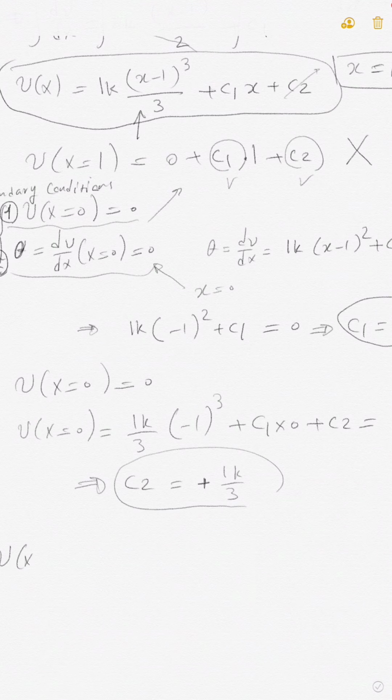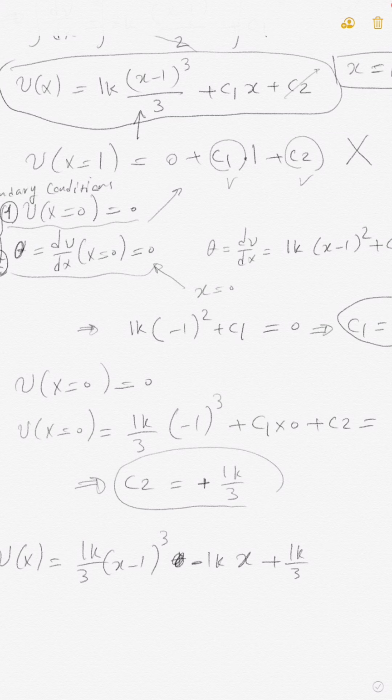You get v of x is equal to 1k over 3 (x minus 1) cubed plus c1, which is negative 1k, times x plus c2, plus 1k over 3. That's the deflection equation, right?